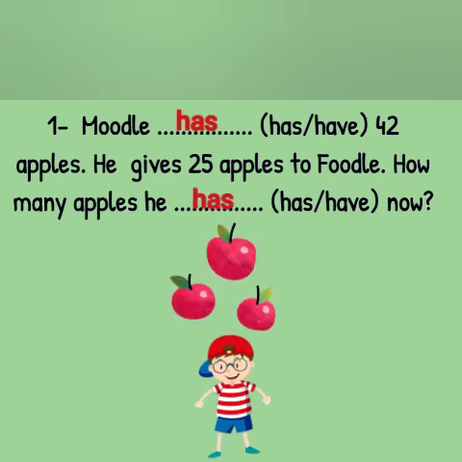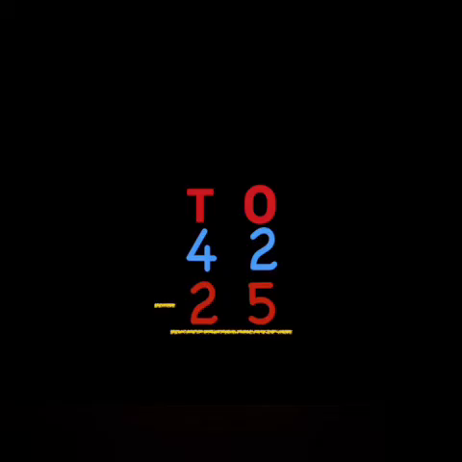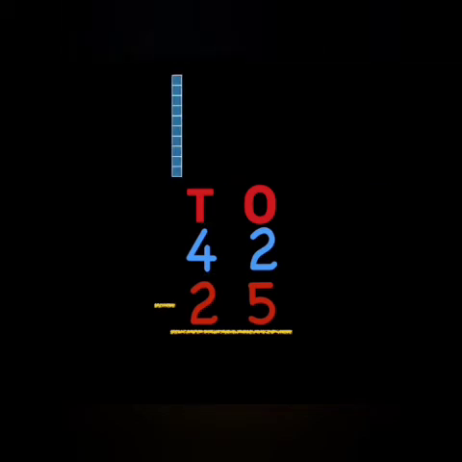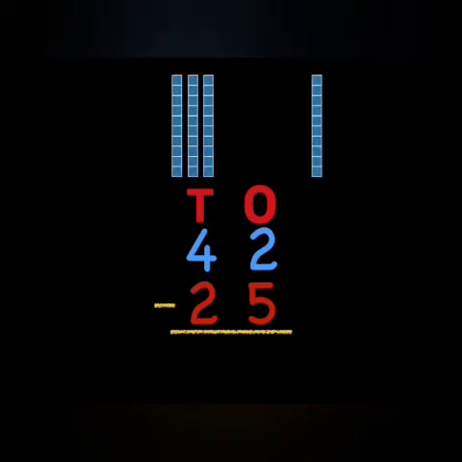Now let's try to solve this word problem, and to find out the number of left apples, we'll have to do subtraction. So first we will arrange both the numbers in columns in the place value chart. So in number 42, how many tens are there? There are 4 tens. 1, 2, 3, 4.